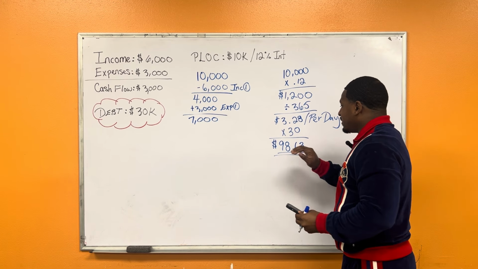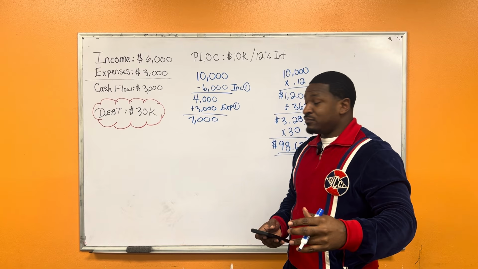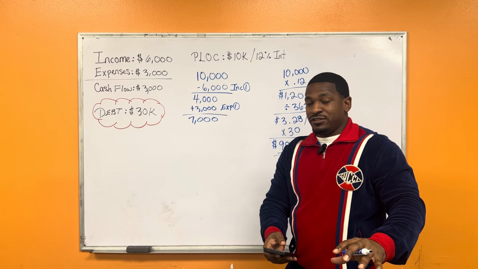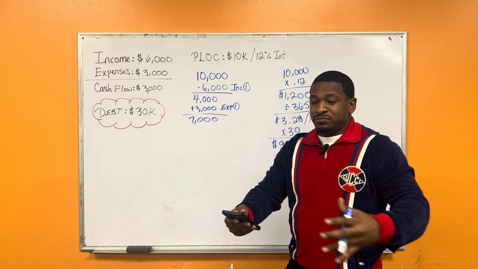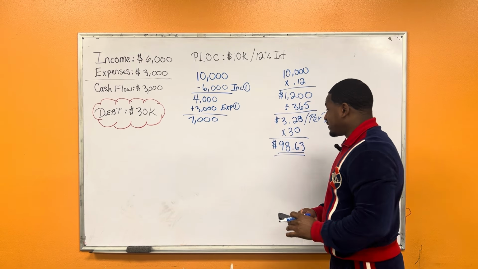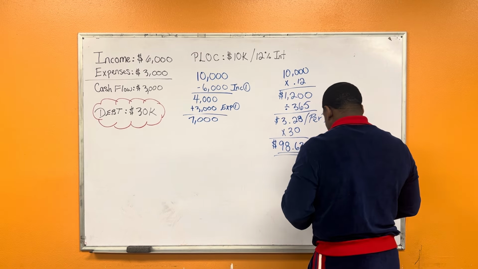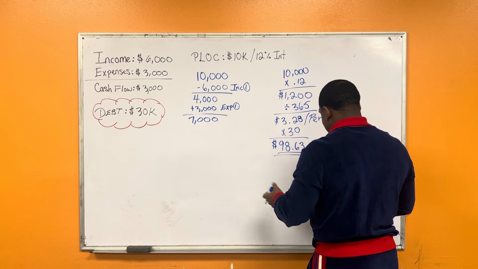Now, remember, we're trying to find the average interest payment from the $10,000 line of credit. So we have to divide this number, 98.63, by 2.